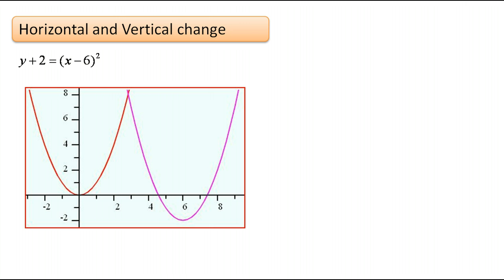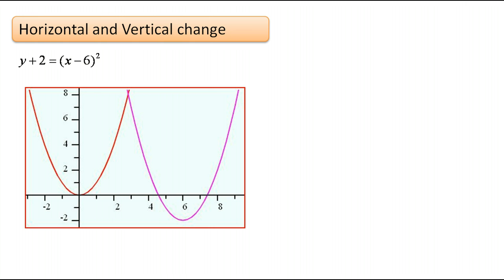Some functions are going to have horizontal and vertical change. For example, this function here, y plus 2 is equal to x minus 6 squared. Now this is going to move up, down, left, right. It's going to move in both horizontal and vertical. So if we take a look at where this one moves, grouped with the x produces horizontal change.